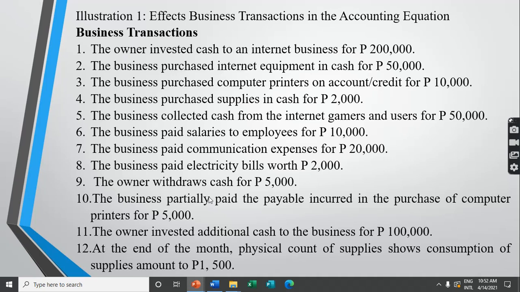Now, let's take this illustration: effects of business transactions in the accounting equation. So, these are the business transactions, 1 to 12. Let's read. The owner invested cash to an internet business for 200,000.